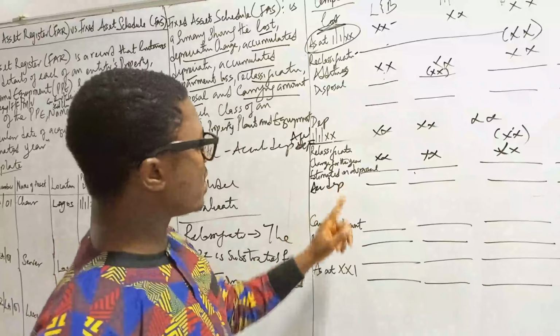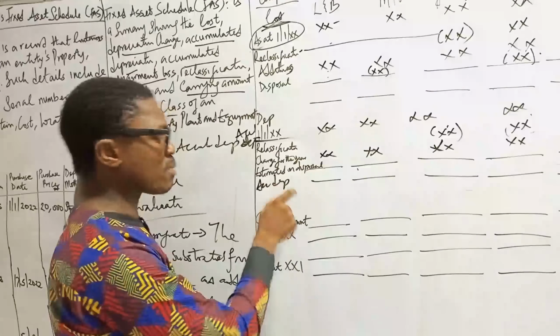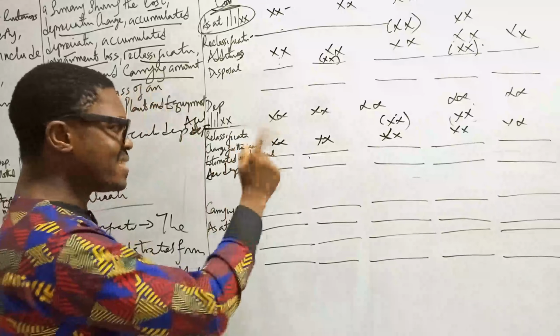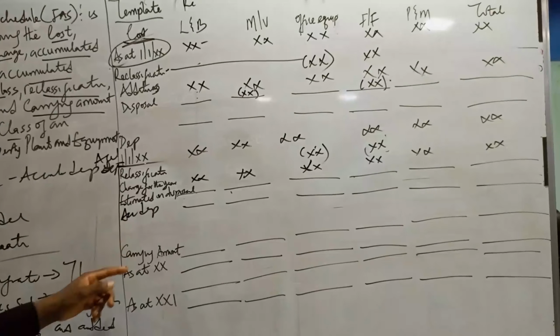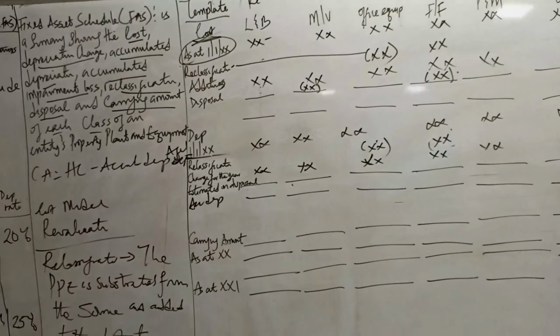So what do we need to do here? We also need to subtract the estimated accumulated depreciation of the asset disposed at the day of disposal. Having done that, the combination of this cost and accumulated depreciation will now help us to get our carrying amount.